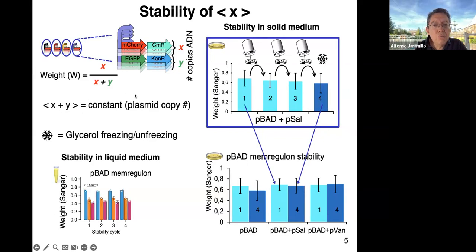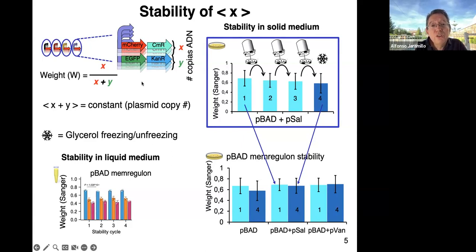We are going to define what we call the weight, which is the fraction of the P1 plasmid. Remember that P1 is the one that encodes the mCherry protein and the chloramphenicol resistance, and P2 is the one that encodes the EGFP and the kanamycin resistance.